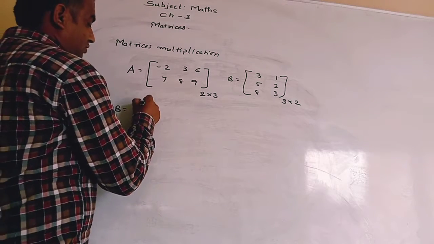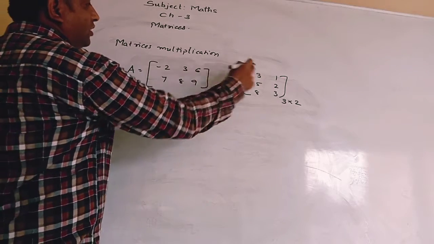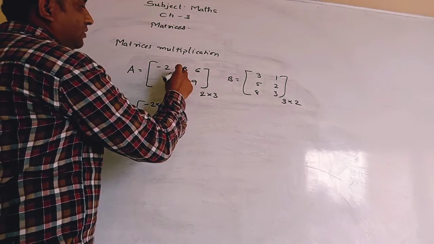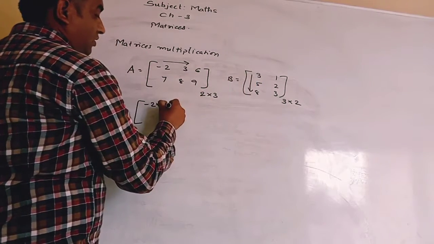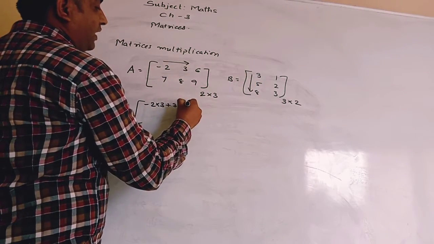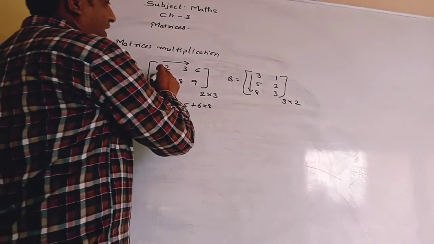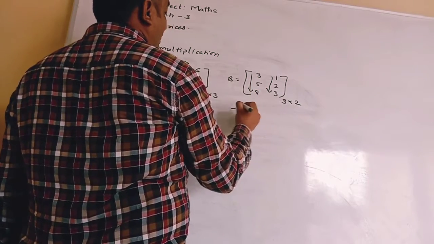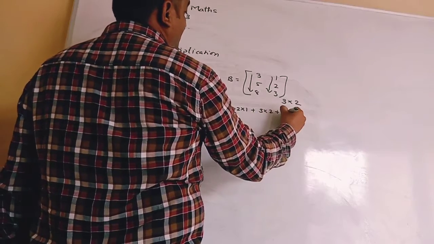AB is equal to -2 into 3, and in this way we will go, plus 3 into 5 plus 6 into 8. For the second element: -2 into 1 plus 3 into 2 plus 6 into 3.